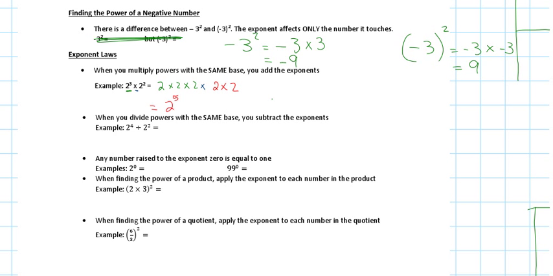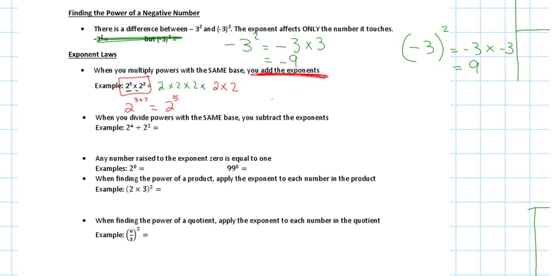Now I want you to look back here and tell me, how can I get 2 to the power of 5 if I have this? If you combine them, what do you do? Add the exponents. With the same base, you add the exponents. Okay? So I keep the base the same. My base is 2, I'm going to keep it as 2. If I add 3 plus 2, what does that give me? 5.